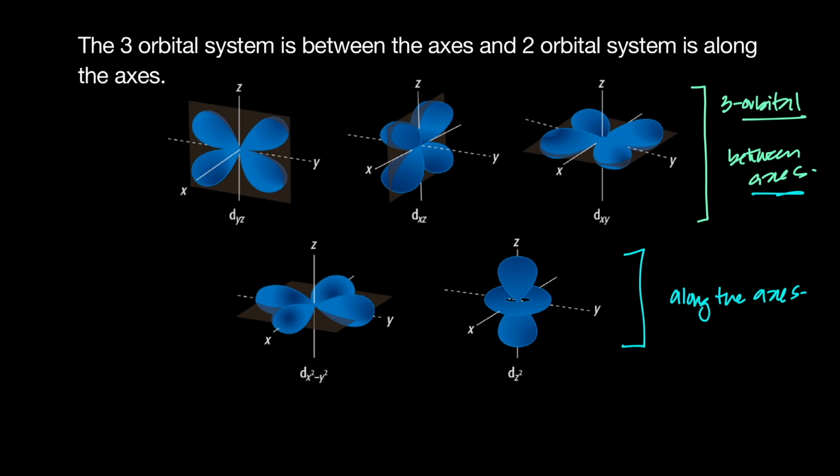So for the exam, you need to know this. There is a 3 orbital group and a 2 orbital group. In the 3 orbital group, each of the 3 orbitals has 4 lobes, and each of those 4 lobes lies between the axes. The ones that lie along the axes are the 2 orbital group: one orbital's 4 lobes lie on the x and the y, and the other lies on the z.